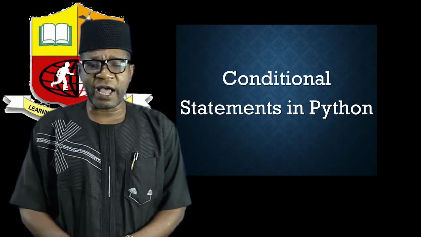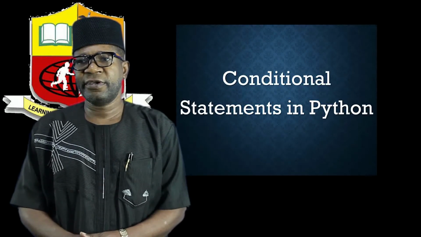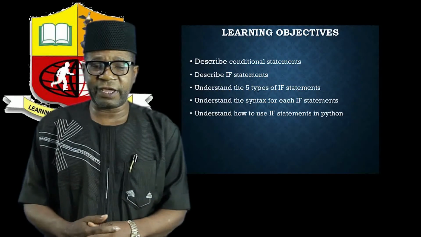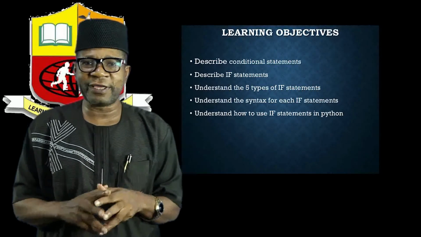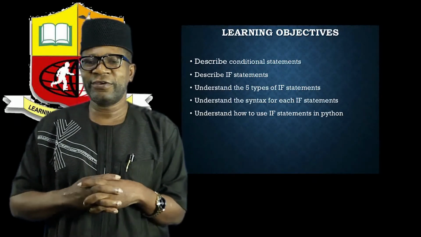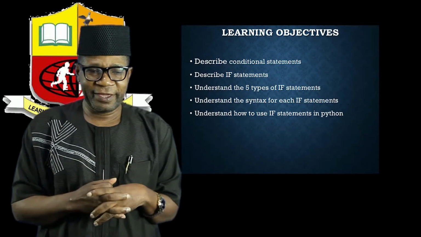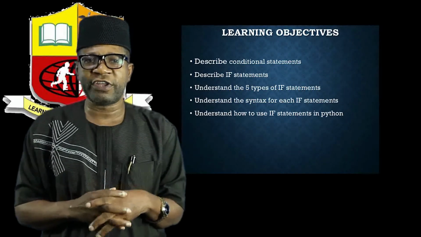So today we have 5 learning objectives. These are the things you will achieve by attending this class. I always tell you that it's important you attend my class. Just reading my note is not enough. So by attending this class today, you will be able to describe what we mean by conditional statements.